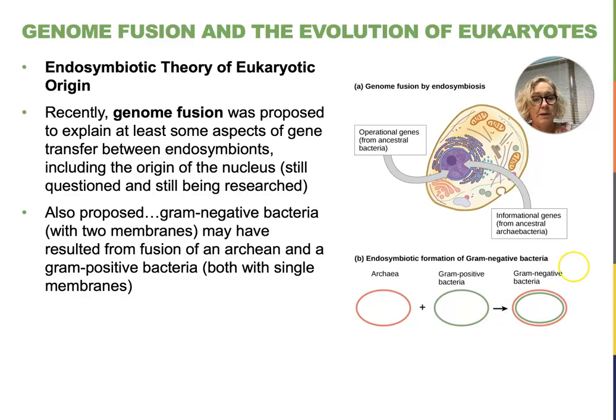But that would just be it, ate something that had a nucleus and then just became its own membrane-bound nucleus there. And also proposed is the gram-negative bacteria with two bacteria coming together, and you will have archaea that absorbed some gram-positive bacteria, and now you have gram-negative bacteria.